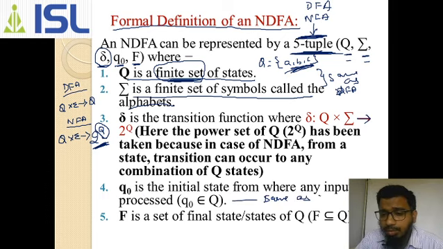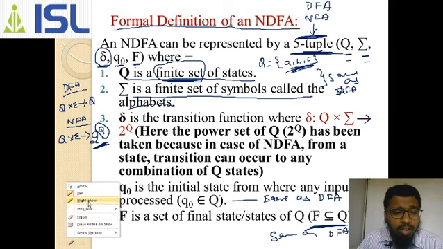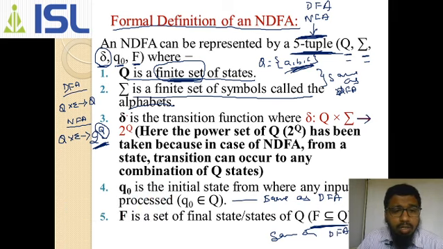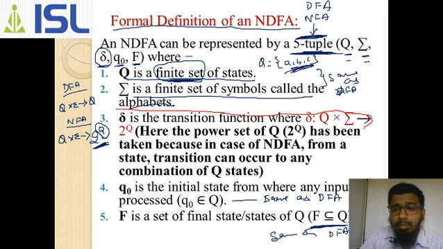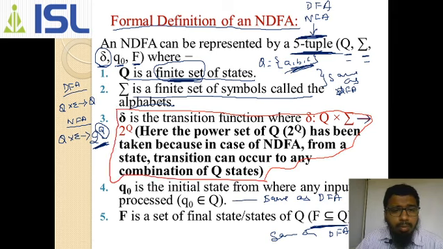F is the set of final states of Q, F is a subset of Q. This is also the same as DFA, but the major difference is this one, that is delta.